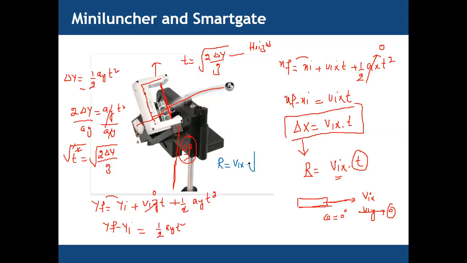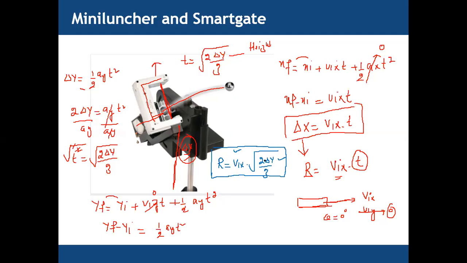So time is equal to the square root of 2 delta y divided by g. So when you know the initial velocity and when you know the height, you can find the horizontal range of the projectile body. Correct? We will use this formula.